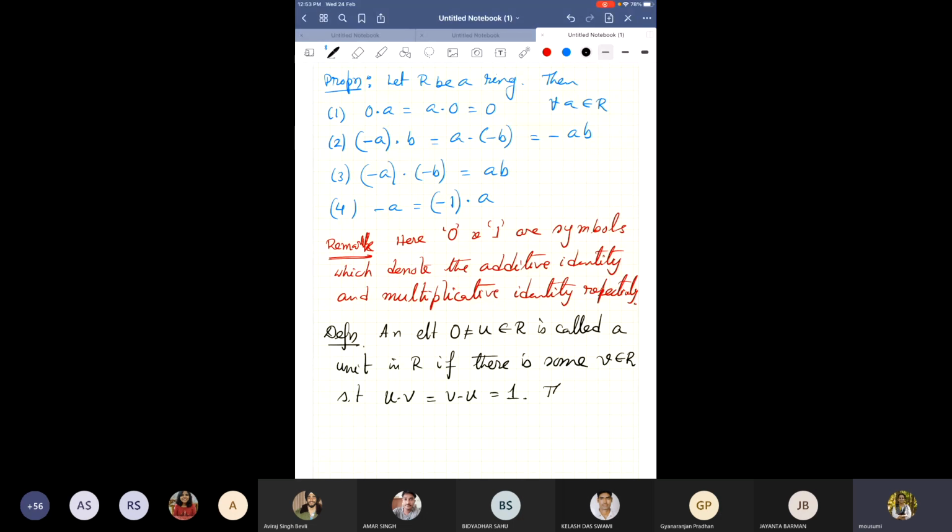Okay. And the set of units in R is denoted by R cross. That is to denote the set of units. Okay. Fine.